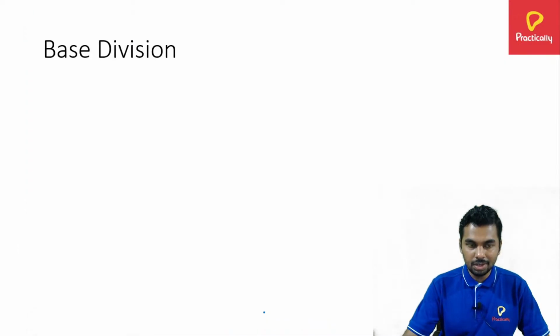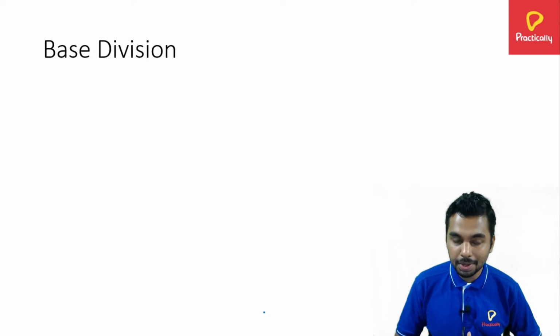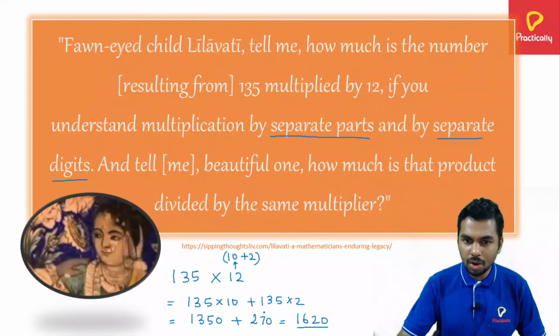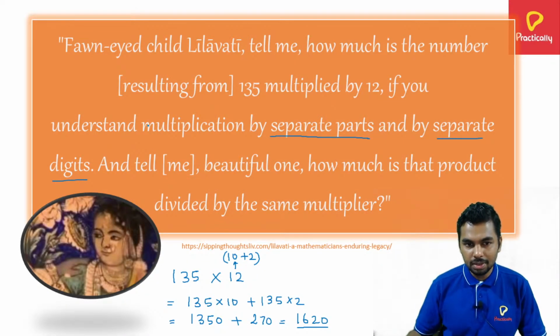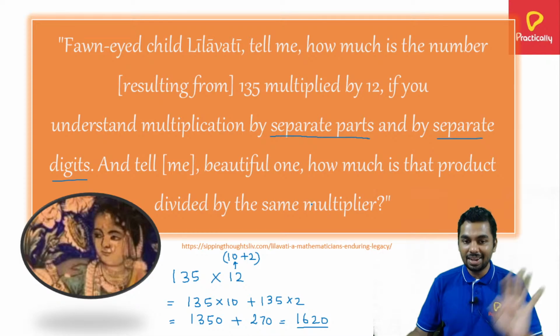All right. So hope all of you enjoyed this particular problem solving. There is one more part in the problem. So I'll just quickly tell about it. So the question continues, how much is the product divided by the same multiplier? So that is a very direct question.